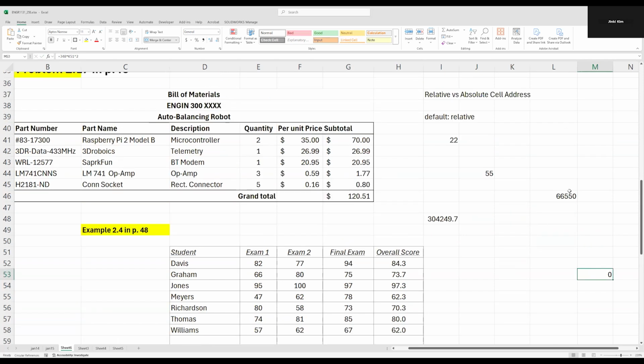Okay, so with copy and paste, the cell referencing is by default in a relative way. However, there can be some cases where, even though I copy and paste, I still want to reference these two cells. Like for example, if I copy and paste down here, it's going to be 0 because there's nothing in these cells, right?